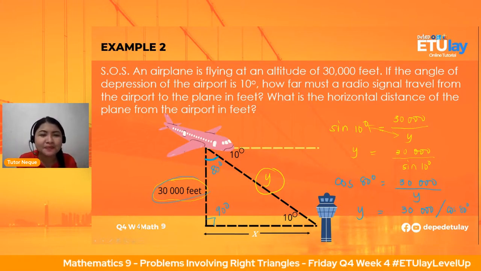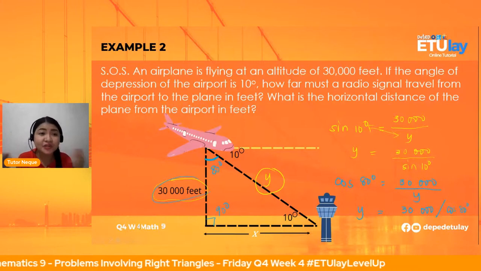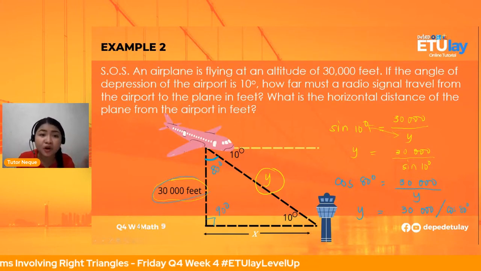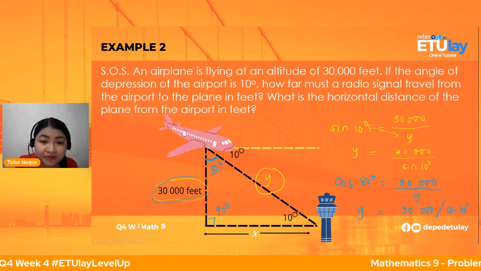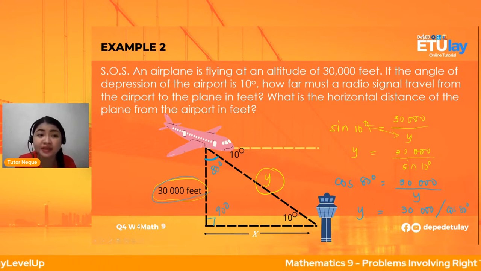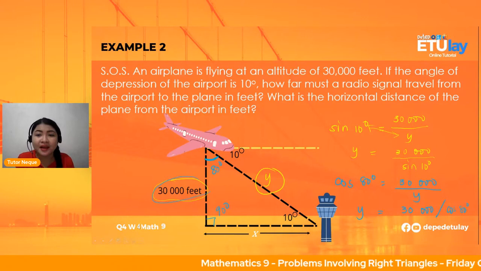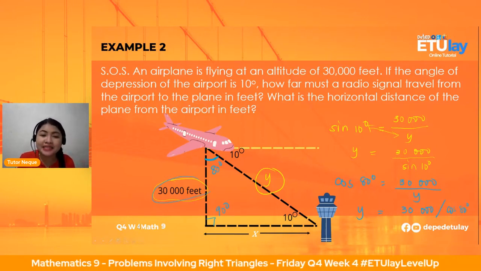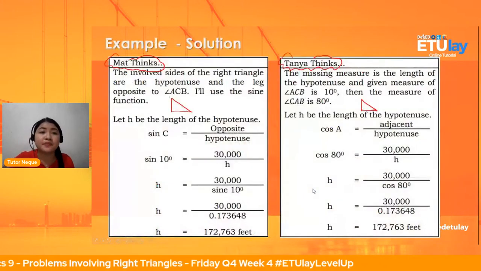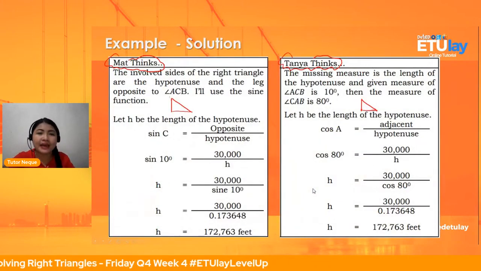Hello, Bernard. Okay, parehas ba ang sine at cosine? Tama ba? Are they going to arrive with the same answer using the sine of 10 degrees and cosine of 80 degrees? Okay, double check po natin. Yes. Yan ang sinasabi ni Matt at ni Tanya.